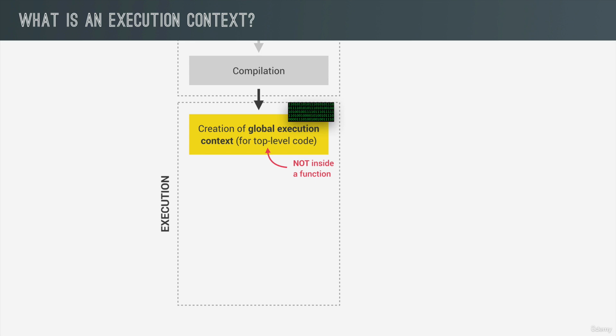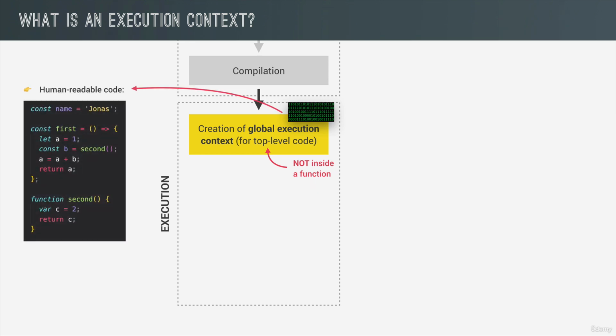But anyway, we can also see what top-level code is in this example here. So this name variable declaration is clearly top-level code, right? And therefore, it will be executed in the global execution context. Next, we have two functions, one expression and one declaration. So these will also be declared so that they can be called later.